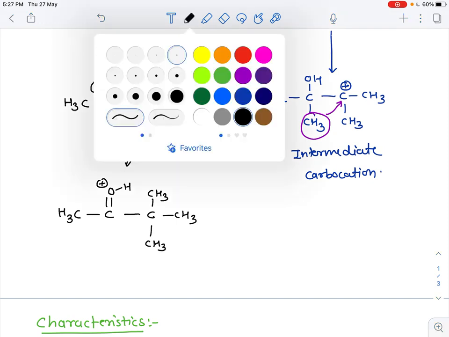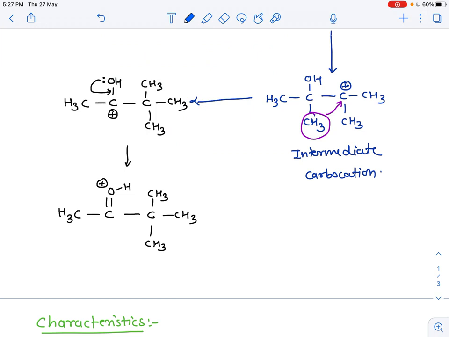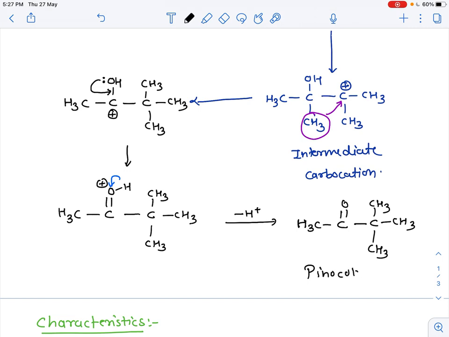Now you know that positive charge on the oxygen is not much stable, so the hydrogen will be leaving the oxygen by donating the electron to oxygen and will be leaving as H plus, and what we will have? H3C C double bond O C CH3 CH3 CH3. In this way we have got what? Pinacolone. Clear?